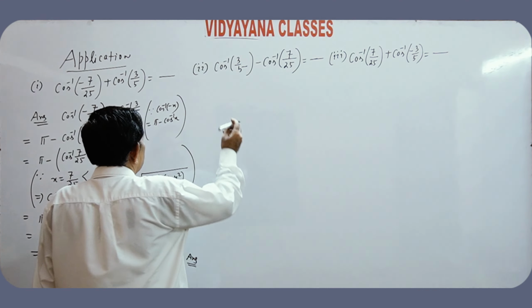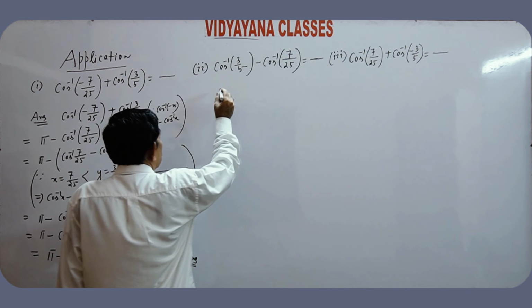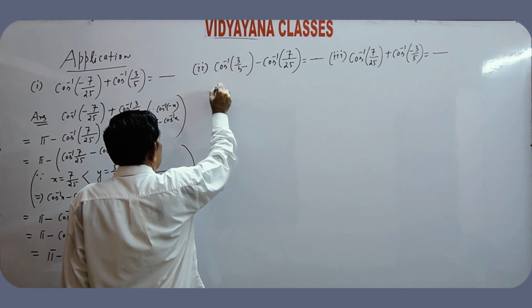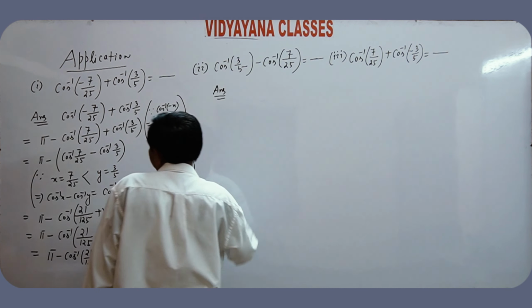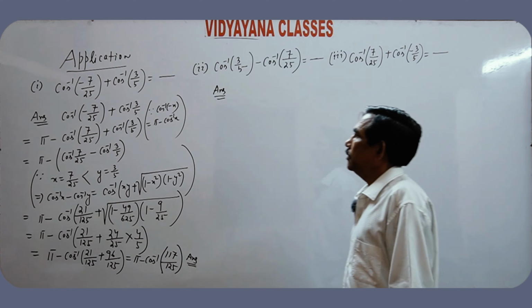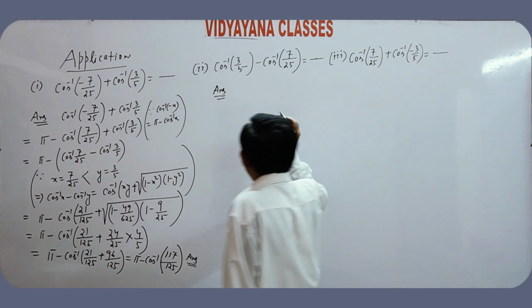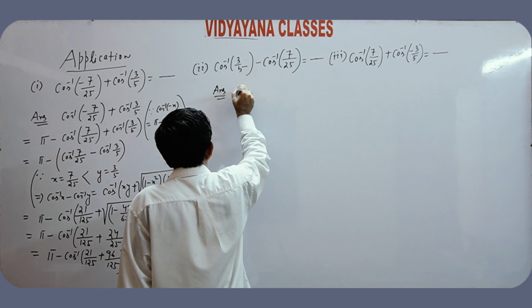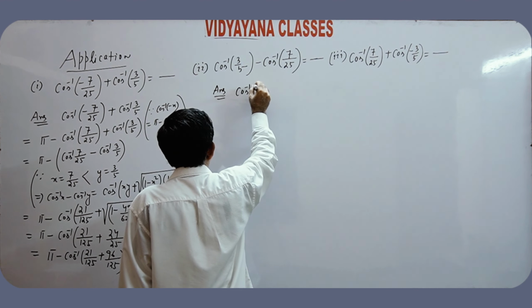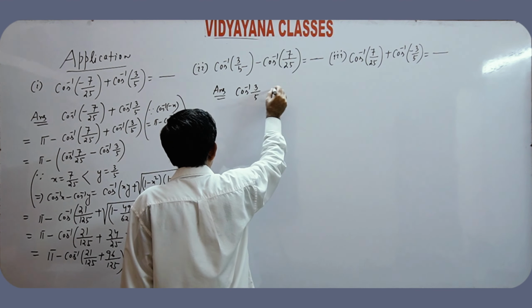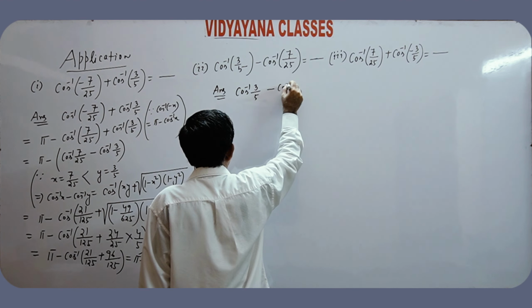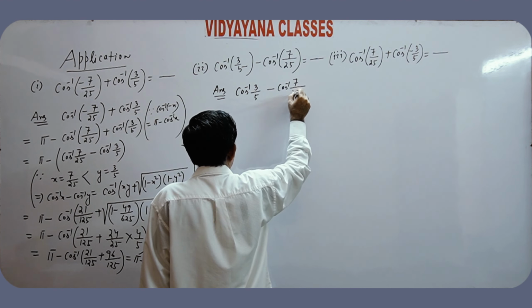Second bit: cos inverse 3 by 5 minus cos inverse 7 divided by 25.